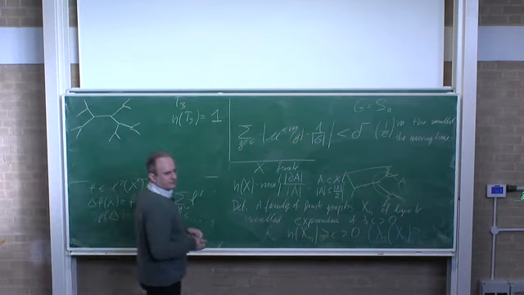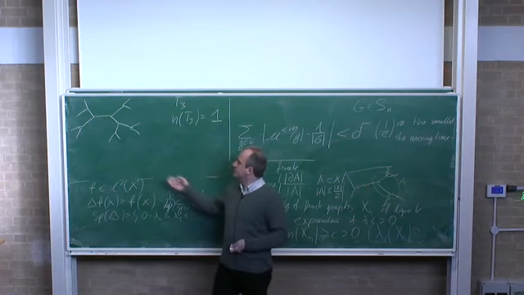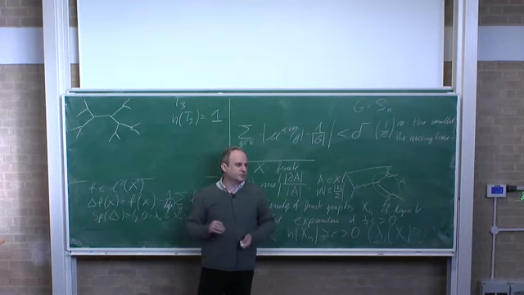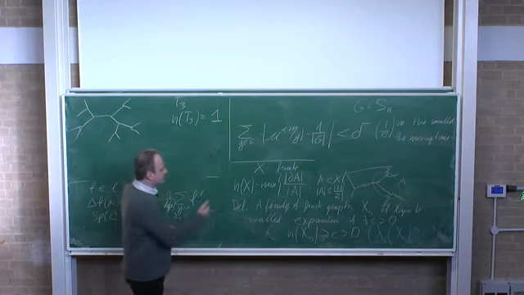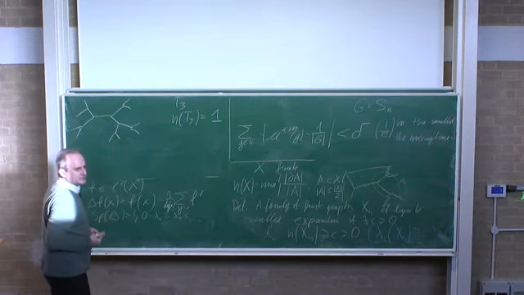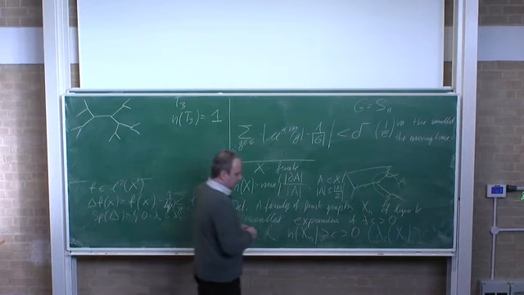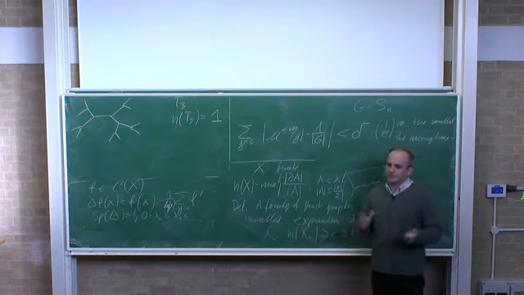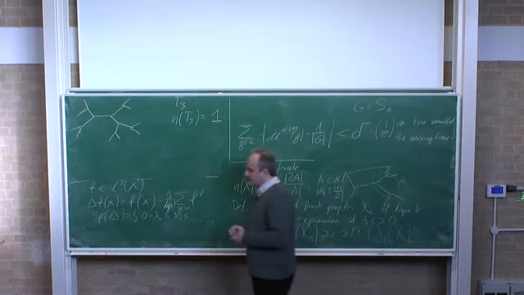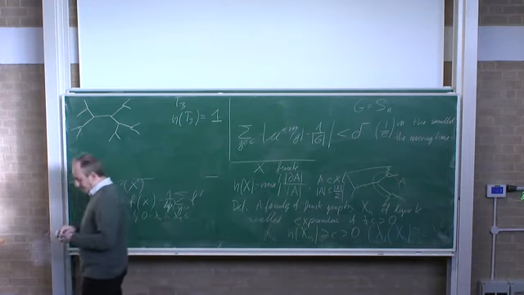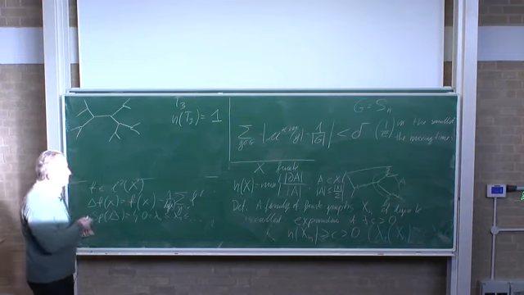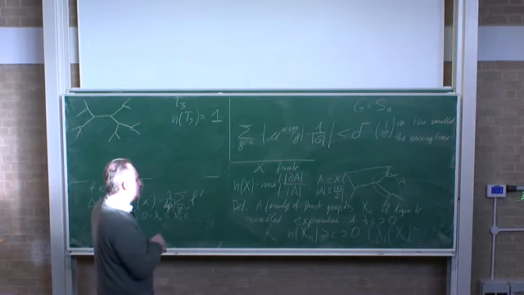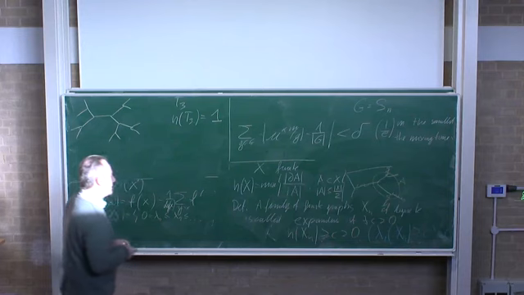However, if you take a finite tree and remove any edge, it will disconnect the graph. So the trees are the best infinite expanders, and they are the worst finite graphs when we talk about the isoperimetric constant. It's just an indication that all these very natural candidates won't work.